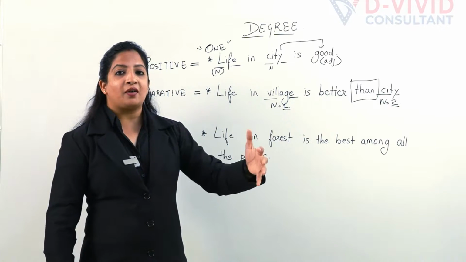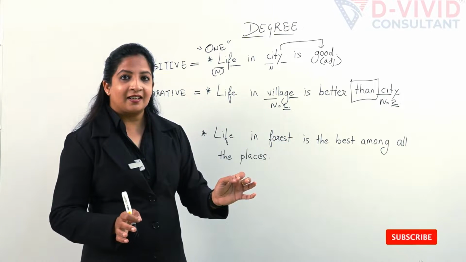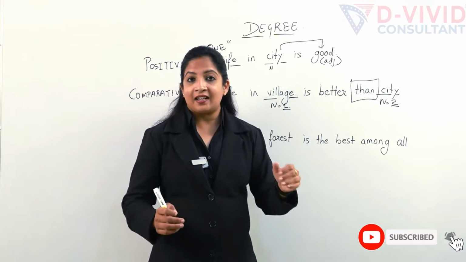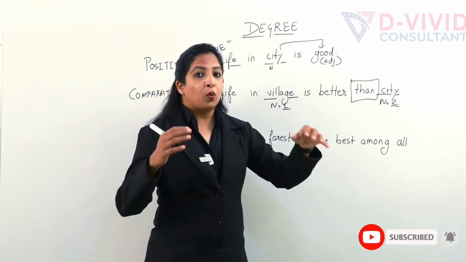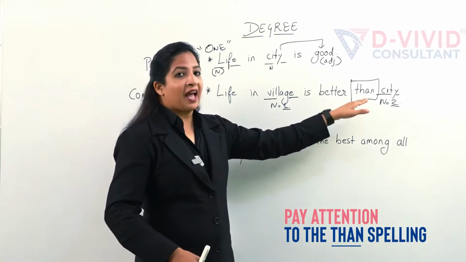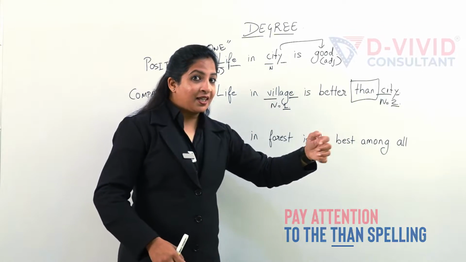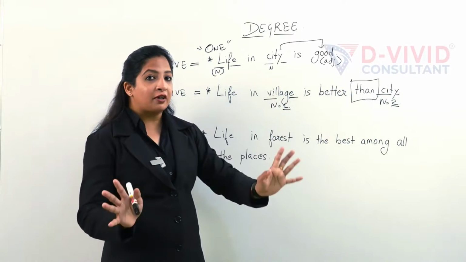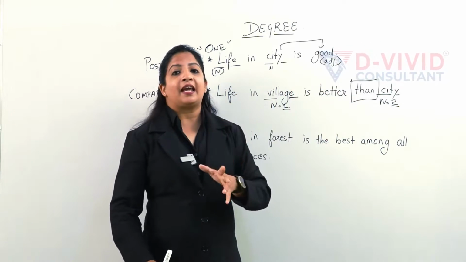THEN is pronounced as then. This is than, THAN. So whenever you are comparing, pay attention to the spelling. Have you written by mistake THEN or have you correctly written THAN?